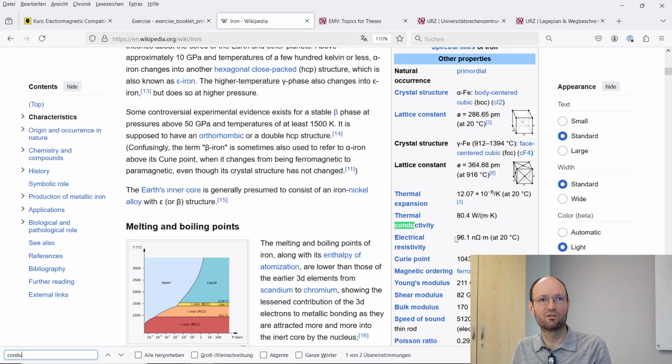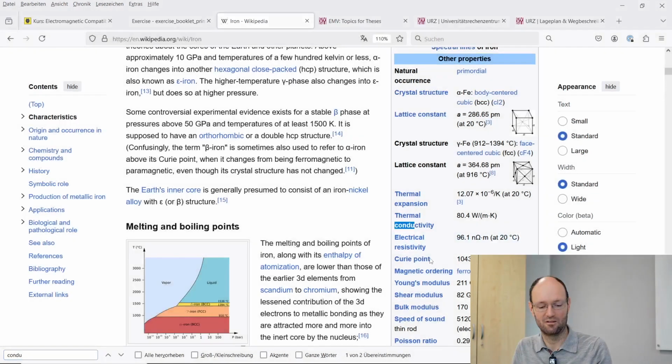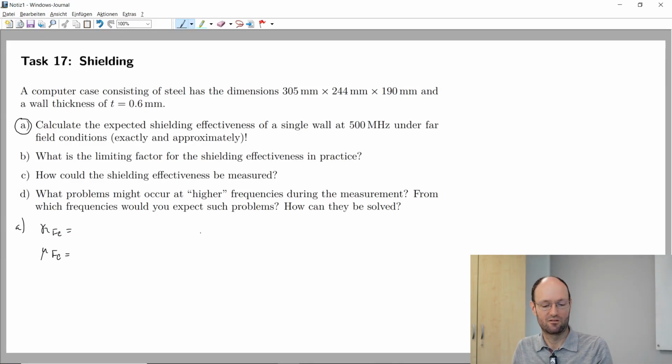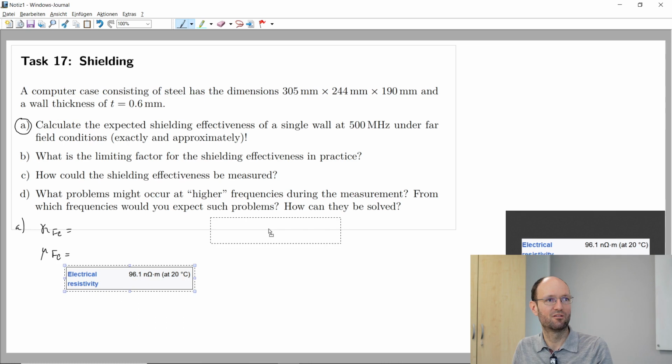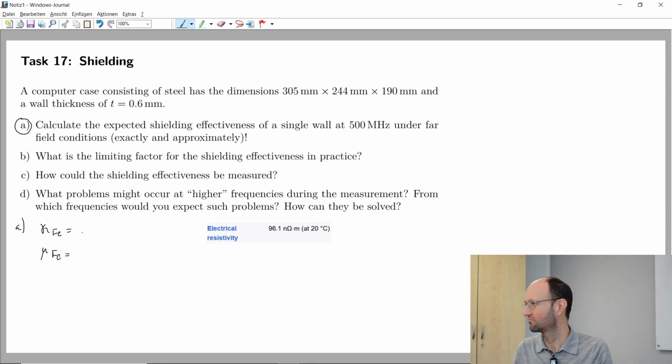This is thermal conductivity, this is electrical resistivity. So if we take this and maybe paste it here. Now the question is, how can we convert this into conductivity?